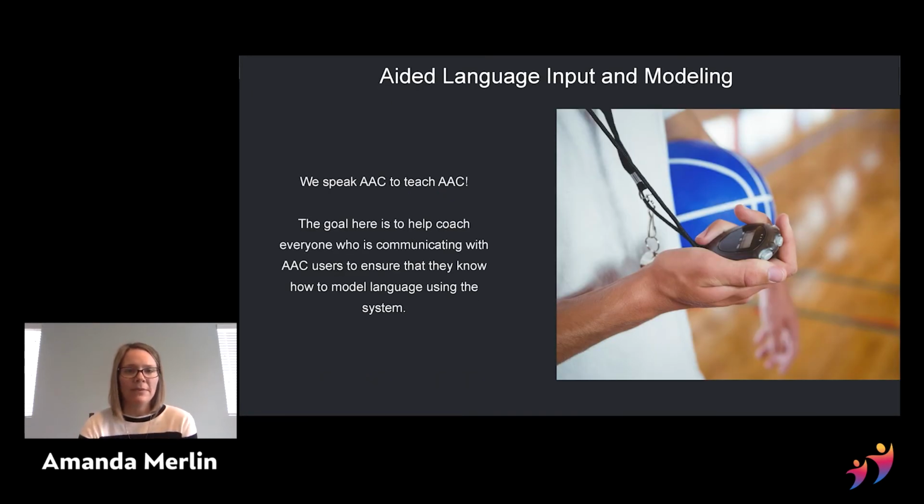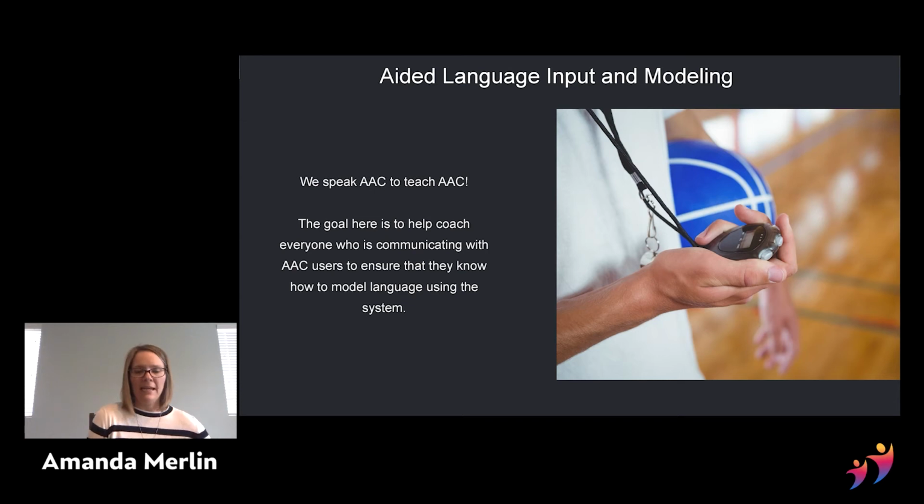So the next gold standard here is our aided language input and modeling. So here we speak AAC to teach AAC. Modeling using AAC means that we use the communication system while we're talking to show how it can be used.